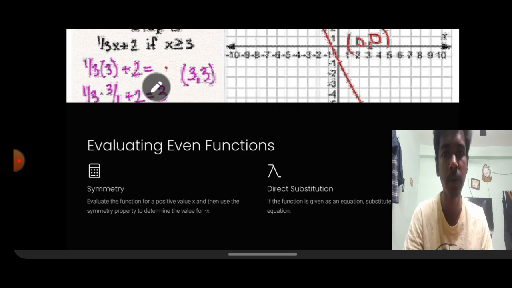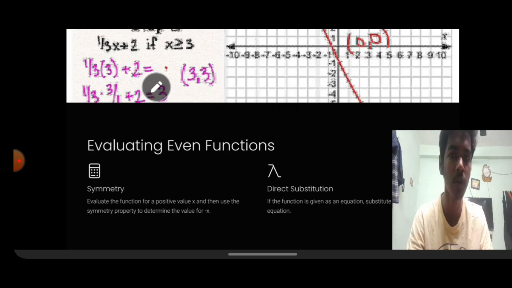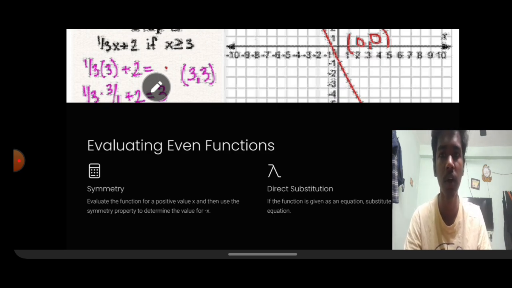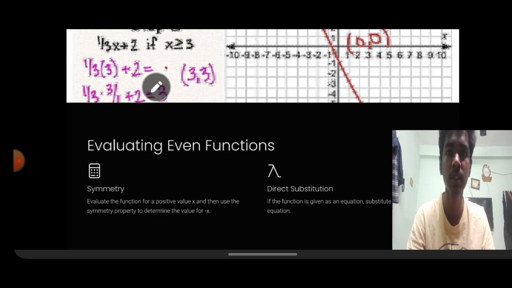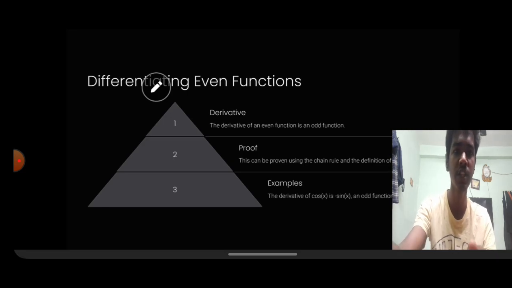F of minus 2 is equal to minus 2 whole square plus 2, which is 4 plus 2, equal to 6. Now calculate f of 2. If you substitute x is equal to 2, f of 2 is equal to 2 square plus 2, which is 4 plus 2, equal to 6. This confirms that f of minus x is equal to f of x, verifying it's an even function.